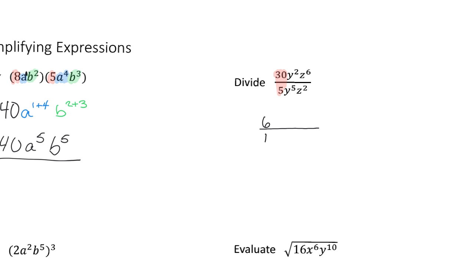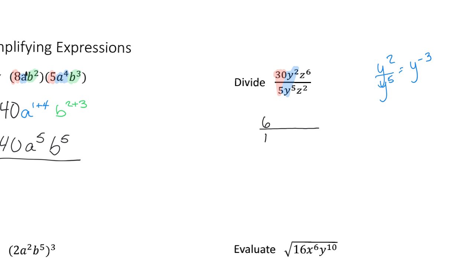Looking at our y's, we have y2 over y5. Remember, when we divide exponents, we subtract them. So we really have y to the negative 3.